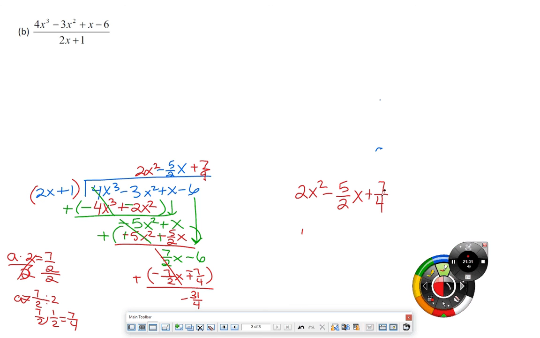So don't freak out that it's a fraction. Since it's negative, I'm going to subtract. It's 31 over 4. But then we're also supposed to put what we were dividing by in the denominator with it, right? That just means it goes in the denominator here with the 4. Okay? That's it. And if you want to multiply the 4 through and call it 8x plus 4, that's fine, but you don't have to.